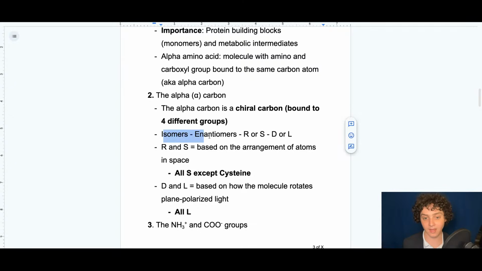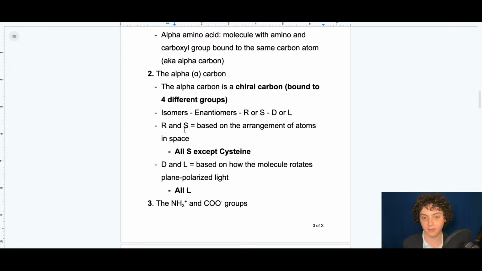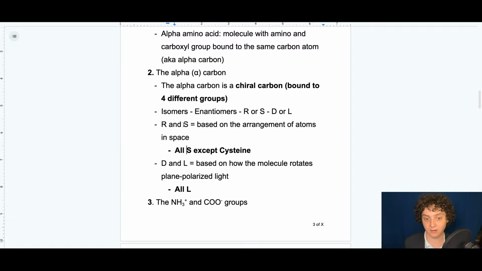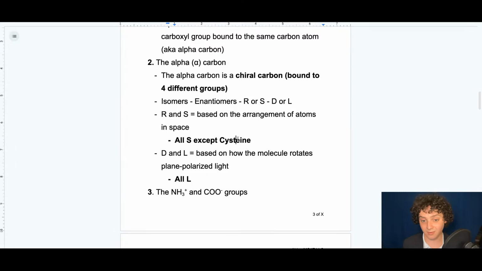That means that it has 2 different forms, at least, R or S, and D or L. And we also are going to memorize that amino acids found in our body are all S, except for this one called cysteine. And they are also all L, including cysteine.